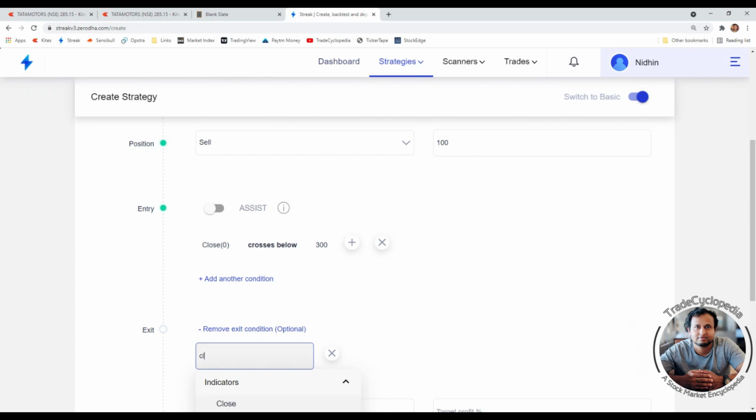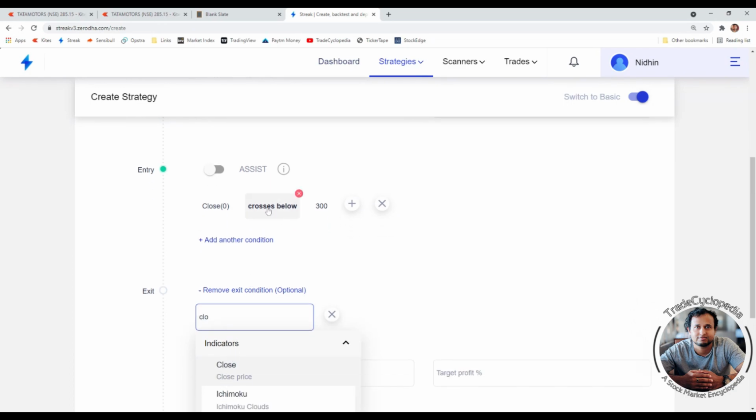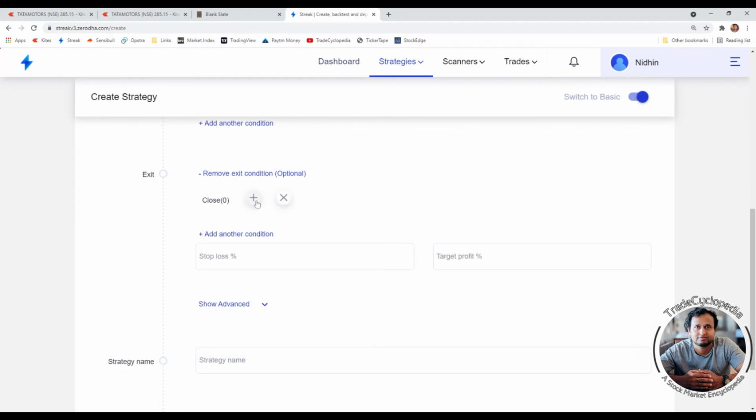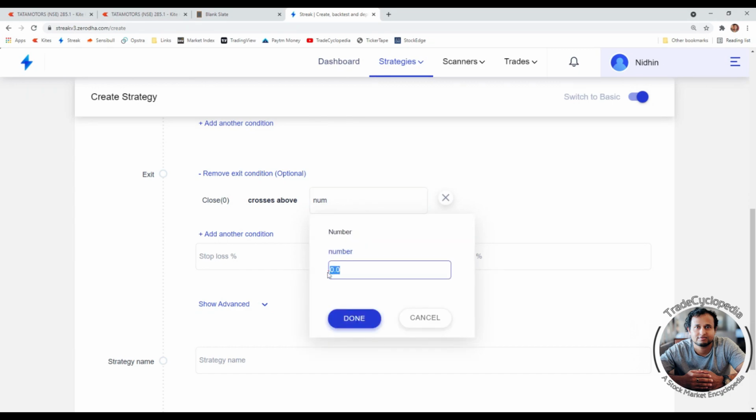You can put close, in the same case, closes below, I take a sell order, and if that reverses, then I can put close crosses above 305. So this will be a stop loss.